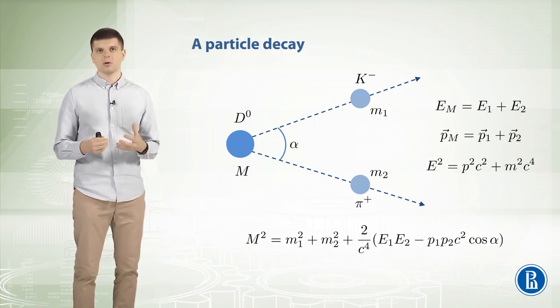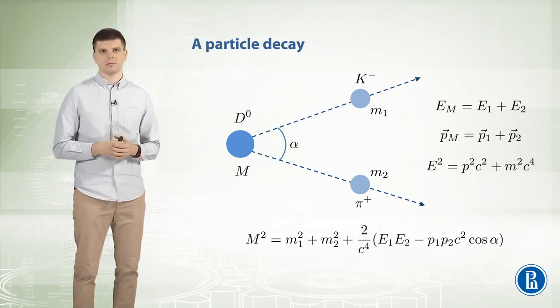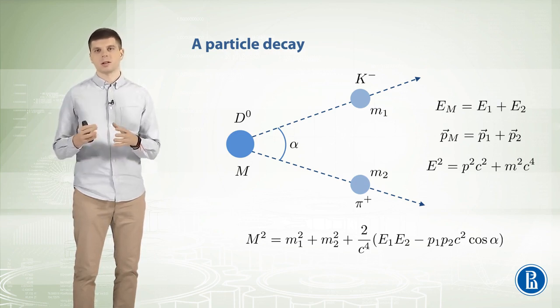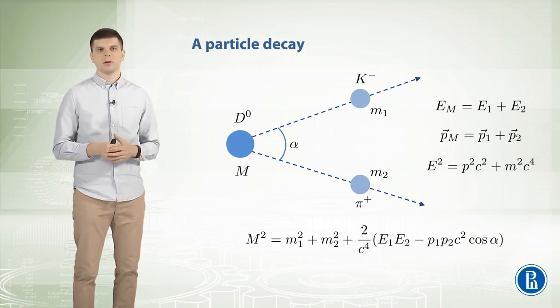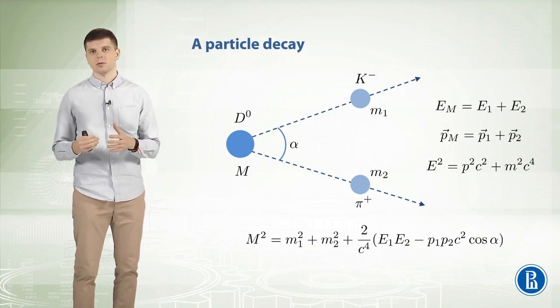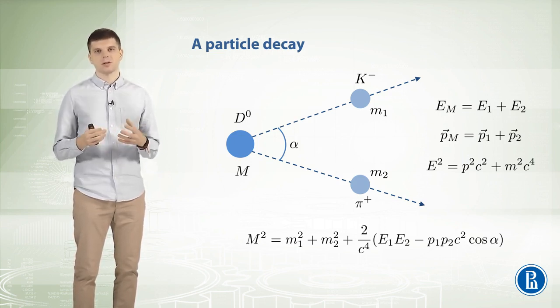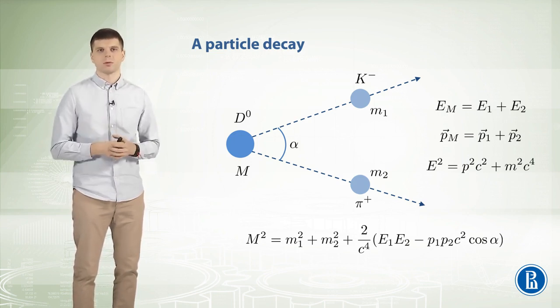Energy and momentum of a particle are determined by the speed of this particle. Mass of the particle is defined by its type. In this example, we have three particle types: D0, pion, and kaon. All pions have the same mass, and its value is different from the kaon mass, for example.